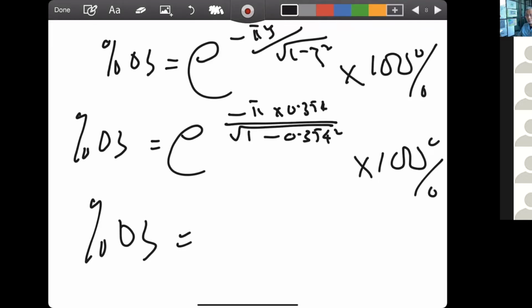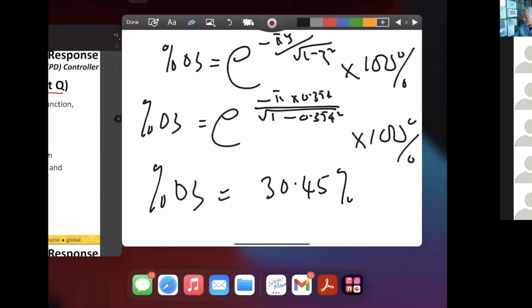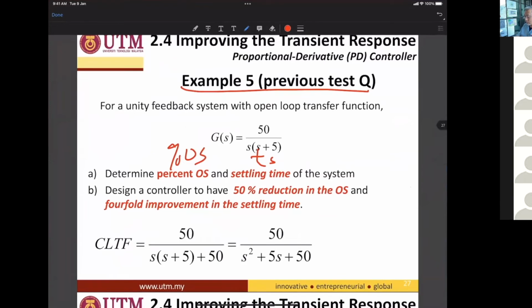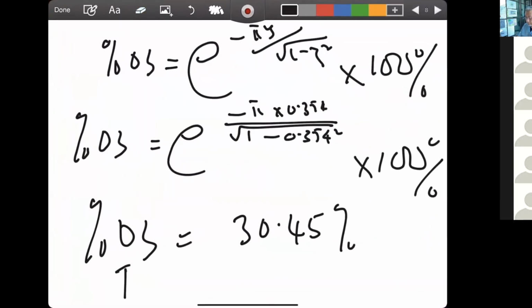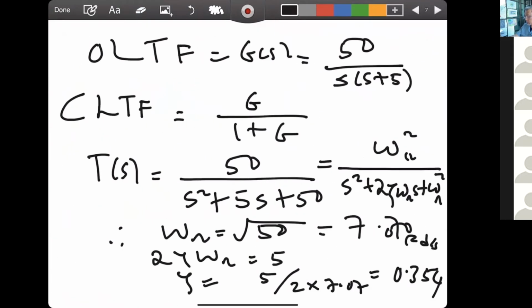Berapa? 30.45. 30.45%. Okay, 30.45%, and settling time. 0.354.